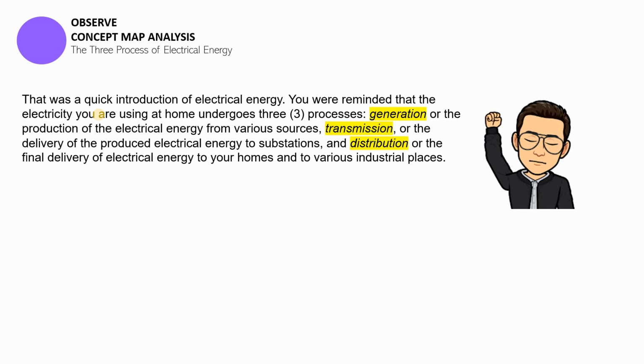The second step is transmission, or the delivery of the produced electrical energy to substations. And the last step is the actual distribution, or the final delivery of the electrical energy to our homes and to various industrial places. So electricity has the ability to reach our homes through these processes.